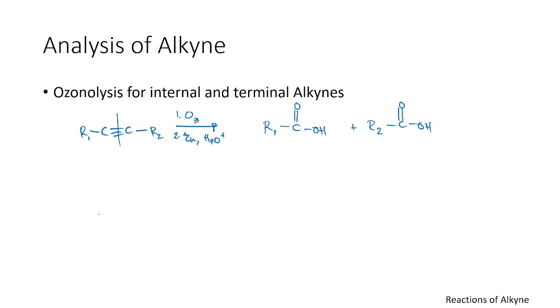If we have a terminal alkyne, we have our R group, our carbon-carbon triple bond, and a hydrogen, so that is terminal, and we expose that to ozone and zinc in acid.